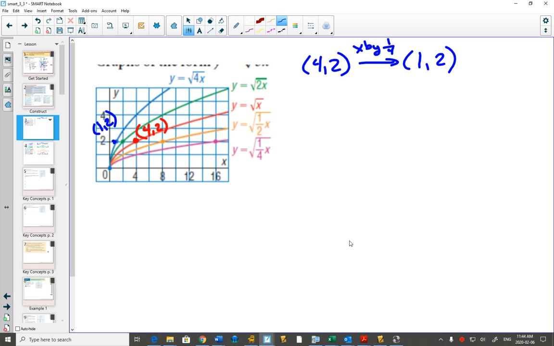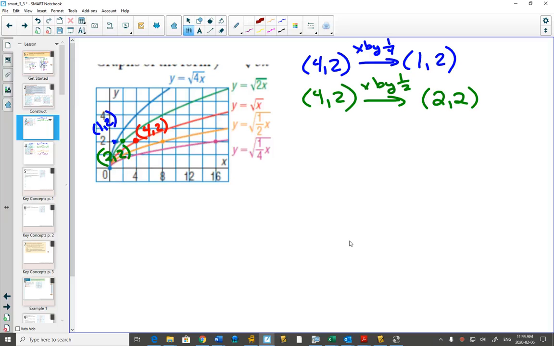On my green graph, I see a 2 inside my function. My gut wants me to multiply by 2, but anything inside is a bit opposite. So you're going to multiply by the reciprocal, 1/2. Multiply your x coordinate by half. You get 2, 2.